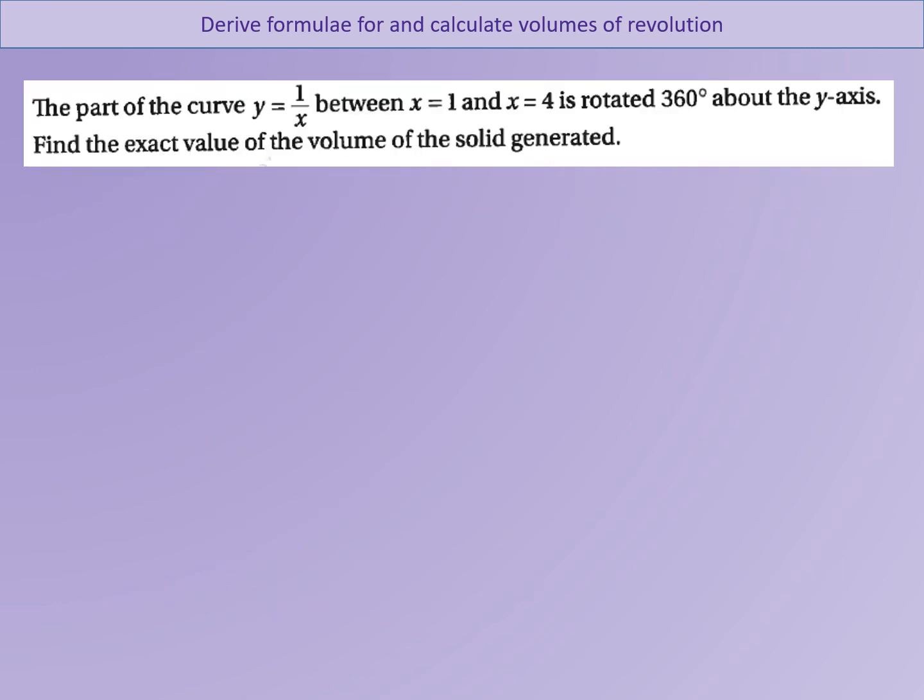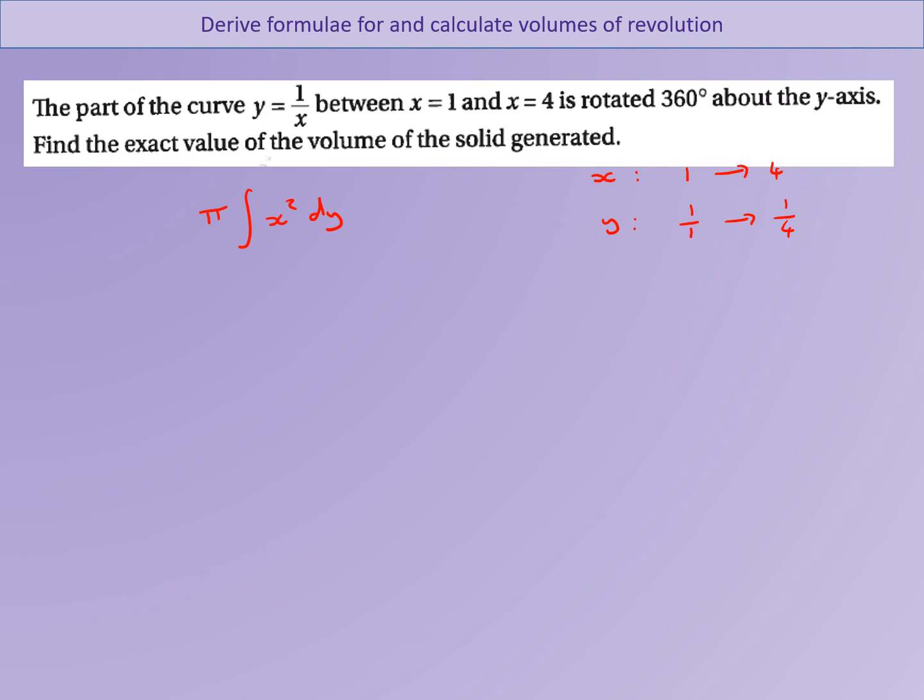Now pause the slide and calculate this volume of revolution about the y-axis. Because we're rotating around the y-axis, the formula we're going to use will be pi times the integral of x squared dy. We're going to need to find the interval that we're integrating over in terms of y as well. Because x is going from 1 to 4, y will be 1 over 1 and 1 over 4.